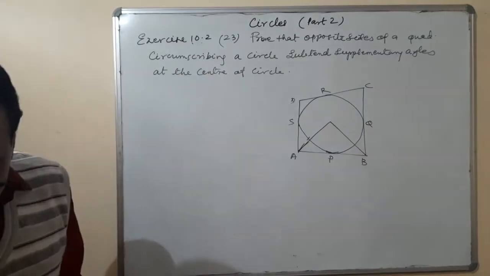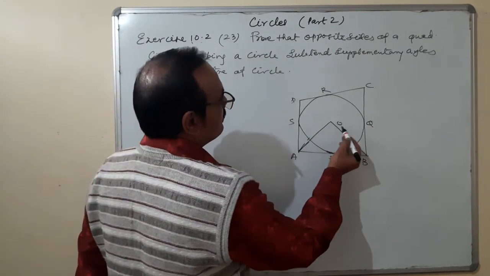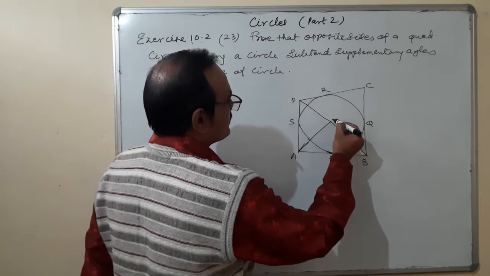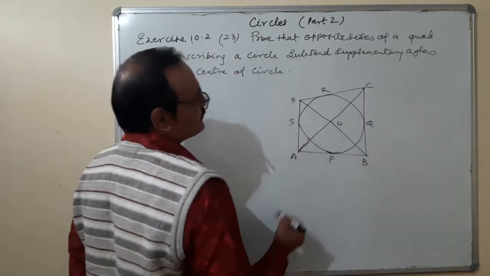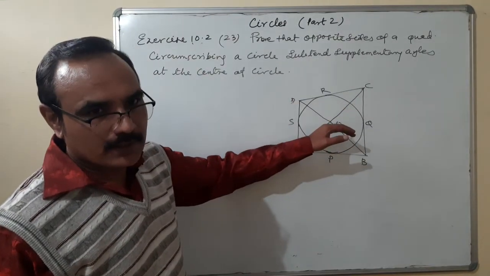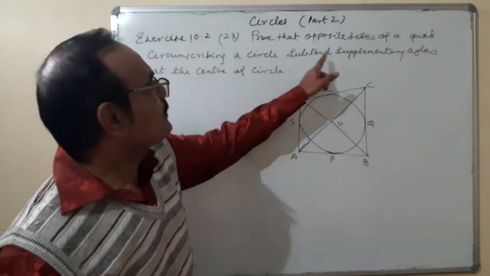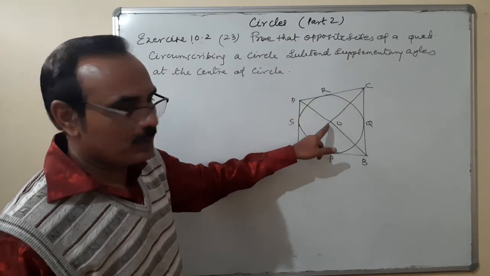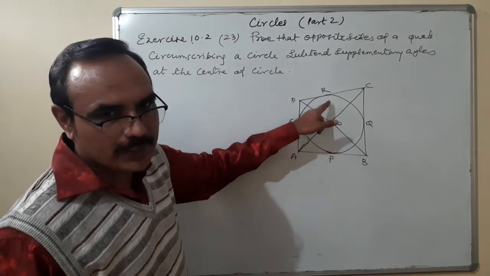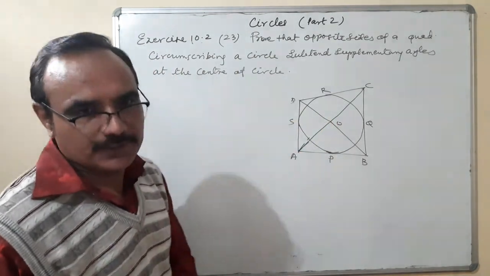O is the center. One side is this, second is this. Opposite sides of the quadrilateral subtend angle at the center. So these two subtend supplementary angle at the center. That means we are going to prove that the sum of these two angles is equal to 180, as well as the sum of these two angles is equal to 180.